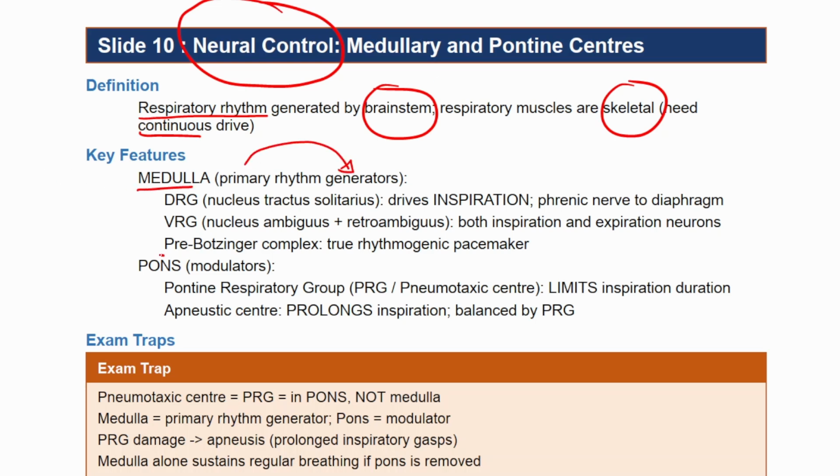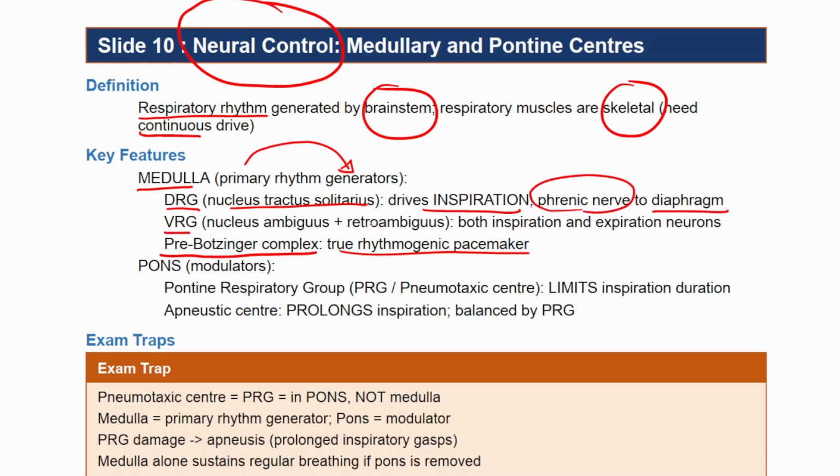First, we will talk about the pre-Botzinger complex. This functions as the true intrinsic rhythmogenic pacemaker of respiration. Then the DRG, or dorsal respiratory group, is located within the nucleus tractus solitarius. It primarily drives inspiration by sending motor signals via the phrenic nerve to the diaphragm and intercostal muscles.